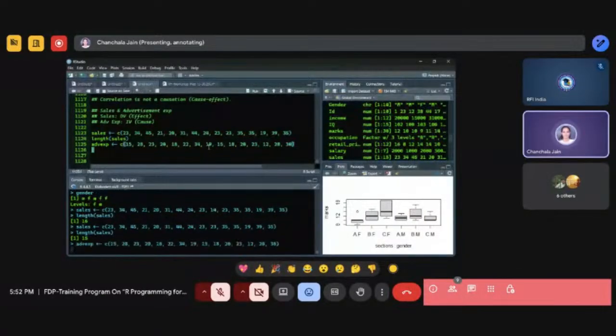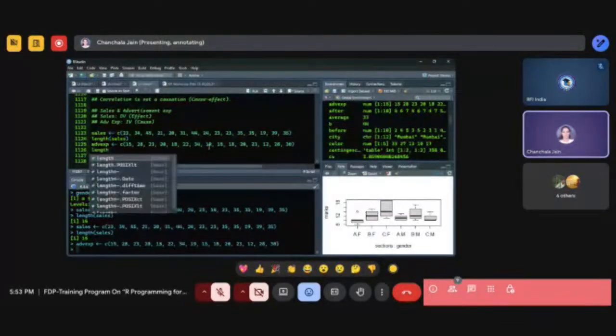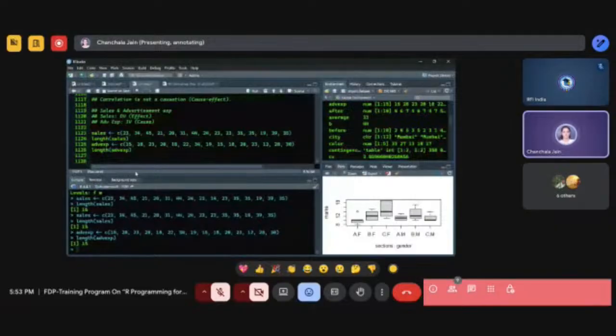So I will check now the length. It is 15 observations we have taken.